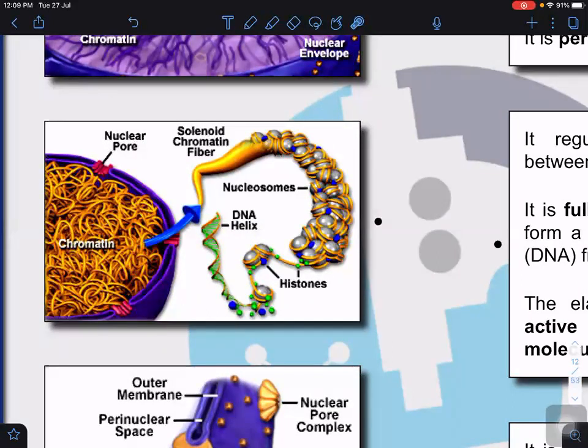This chromatin fiber is very important because it contains the DNA, which is the hereditary unit in our cells. Part of the DNA consists of genes which code for polypeptides. These polypeptides will be proteins, enzymes, hormones or transport proteins, which help the cells carry out their functions.